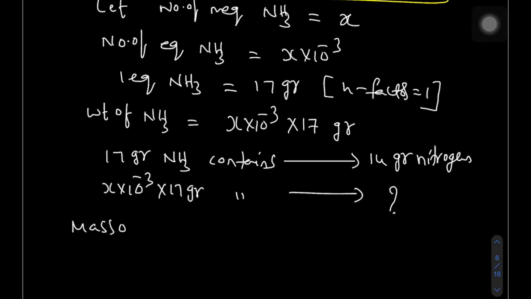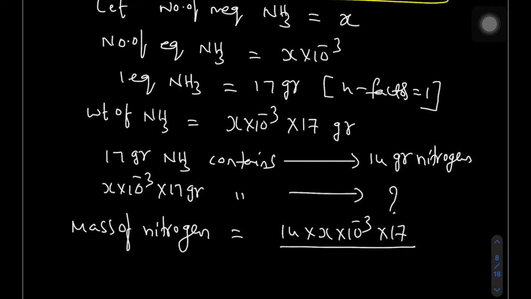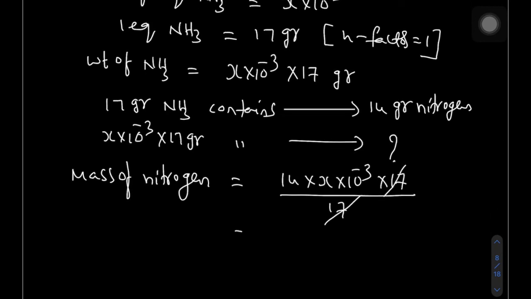Unitary method. So mass of nitrogen is equal to 14 into x into 10 raised to minus 3 into 17 divided by 17. 17 gets cancelled. So this is 14 into x into 10 raised to minus 3 grams. You have the mass of nitrogen.